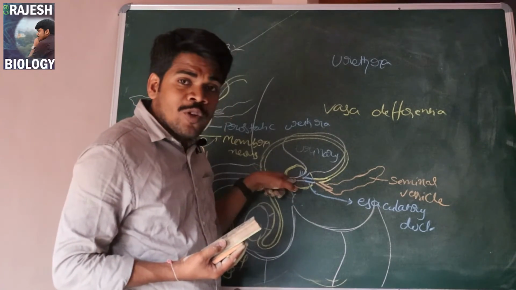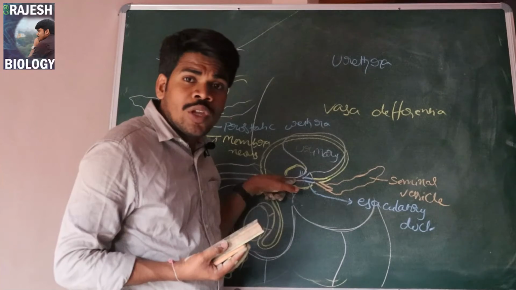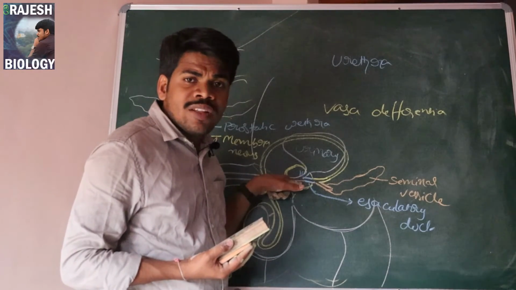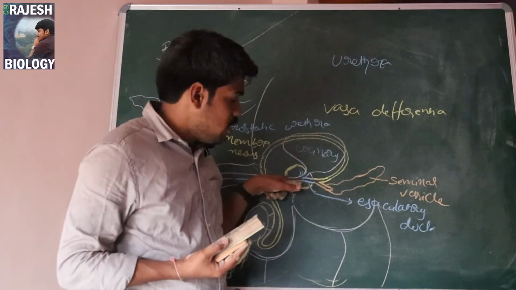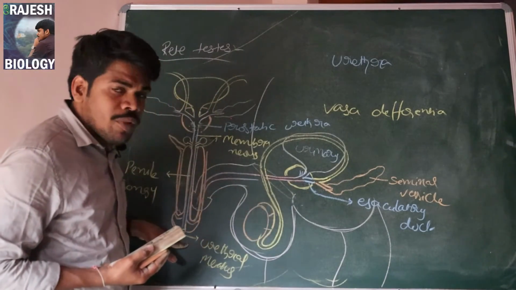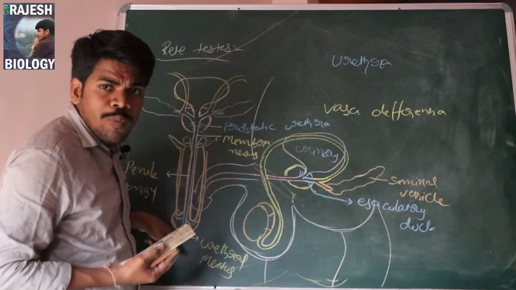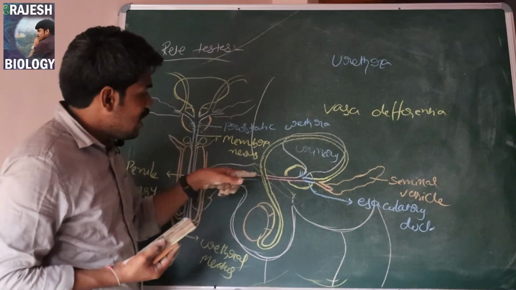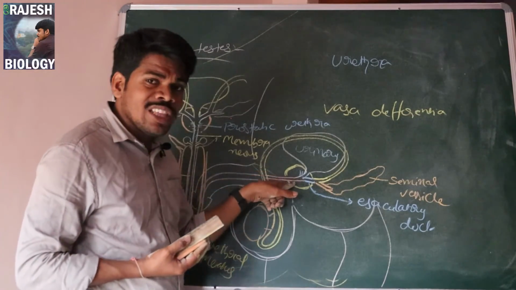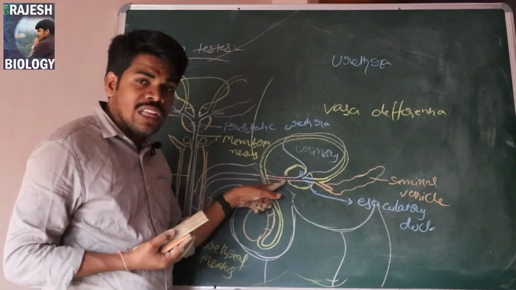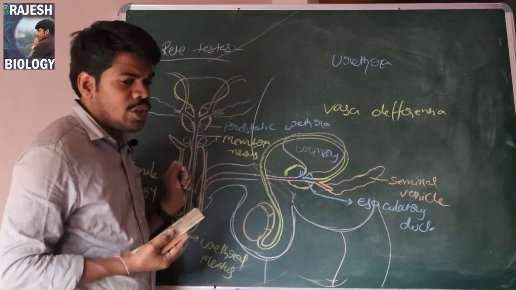In the middle of the prostatic gland, they merge with the urethra, which is the common passage for both urine and semen. The opening of the urethra is called the urethral meatus. The urethra in the prostatic gland is the prostatic urethra, then the membranous urethra, and then the spongy urethra.